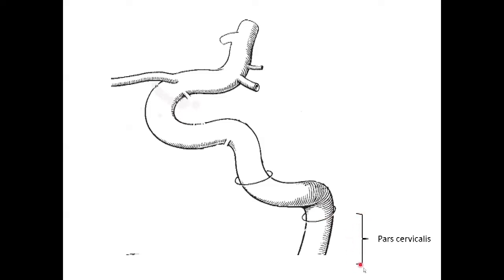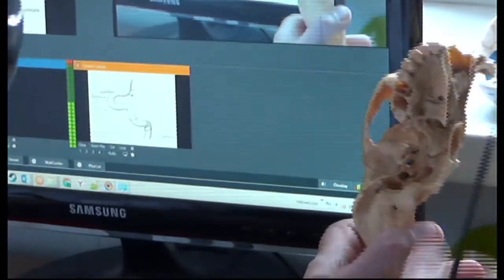the lowest part of our picture is pars cervicalis, arteria carotis interna. So I designate it as letter A, foramen caroticum externum. Let's try to find it on our specimen.